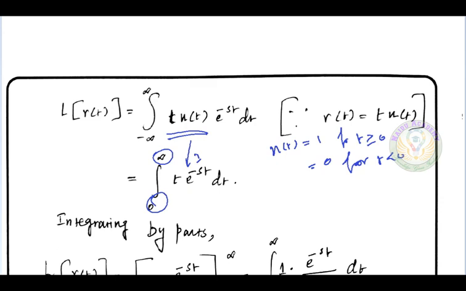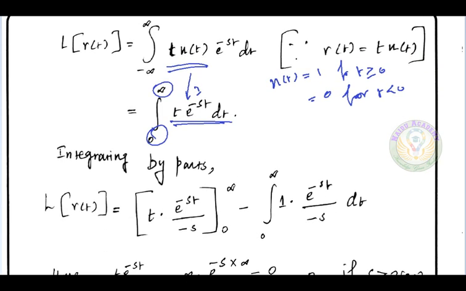Okay, so again you have two functions, and both functions depend on t. So we have to use the integration by parts formula, that is the integral of uv dt is equal to u v1 minus the integral of u dash v1 dt.